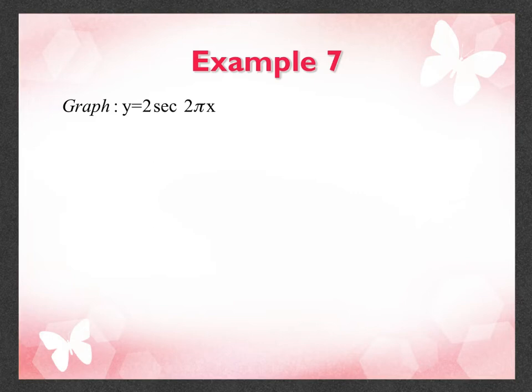So I'm going to first graph cosine, and then I'm going to go back in and graph the secant. So it's the exact same thing. All the parts stay the same. The only thing that changes is the trig function inside. So it is 2 cosine 2 pi x, which means my A is 2 and my amplitude is 2. My B is 2 pi, and the period is 2 pi over 2 pi, which would be 1.